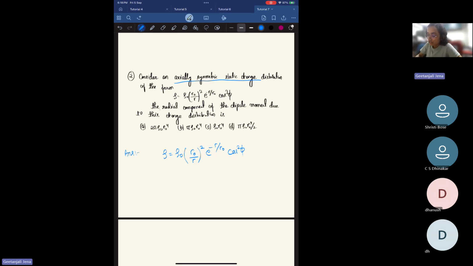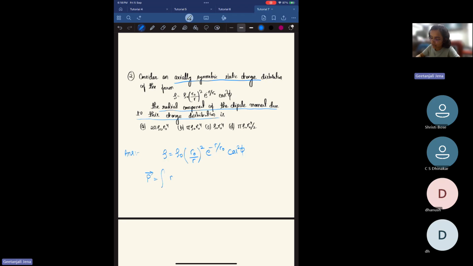The question is asking to find out what is the radial component of dipole moment due to this charge distribution. So it's quite easy if you recall the formula for the dipole moment, to find out what the answer will be.